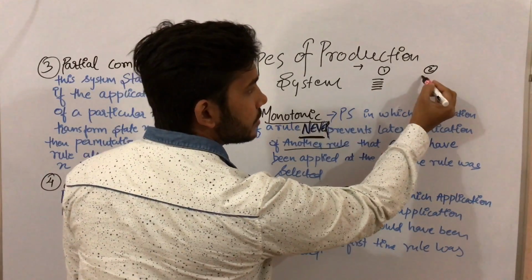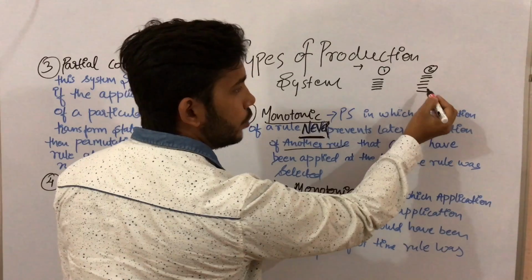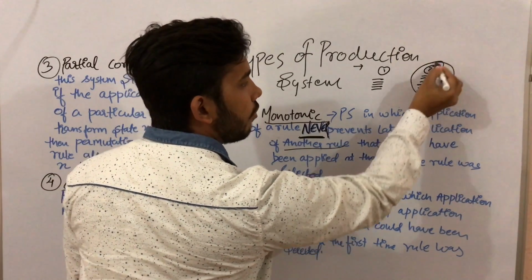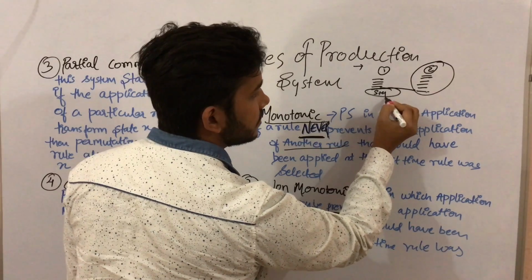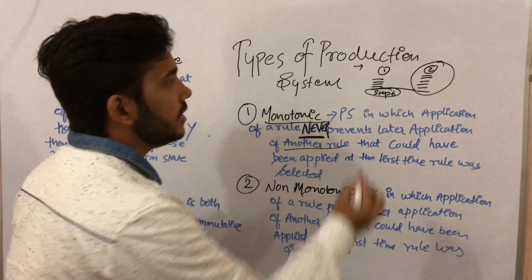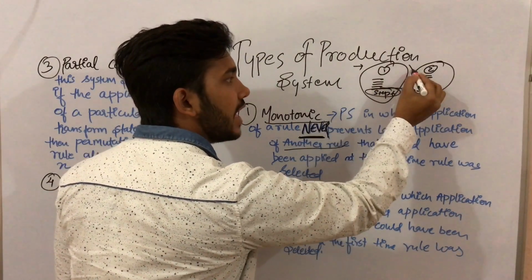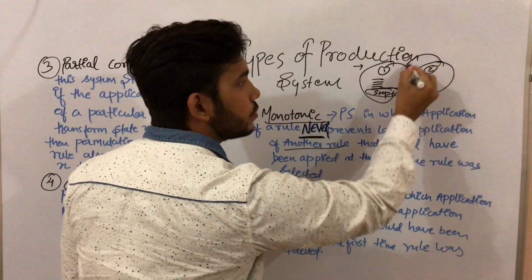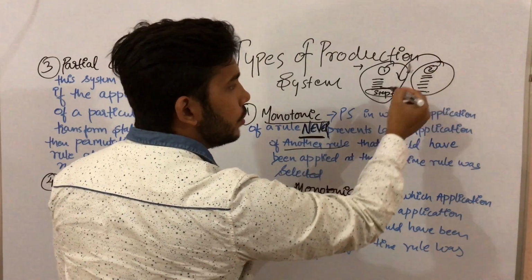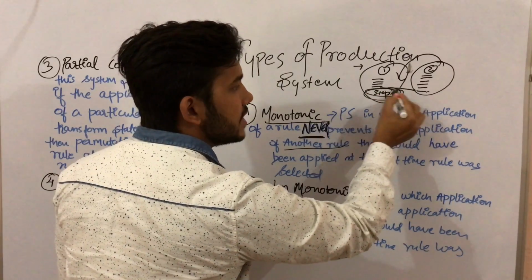Then suppose you have chosen rule 2 and application of rule 2 was going to be used in step 6. Then rule 1 will never prevent application of rule 2, means this will allow rule 2 application in step 6.